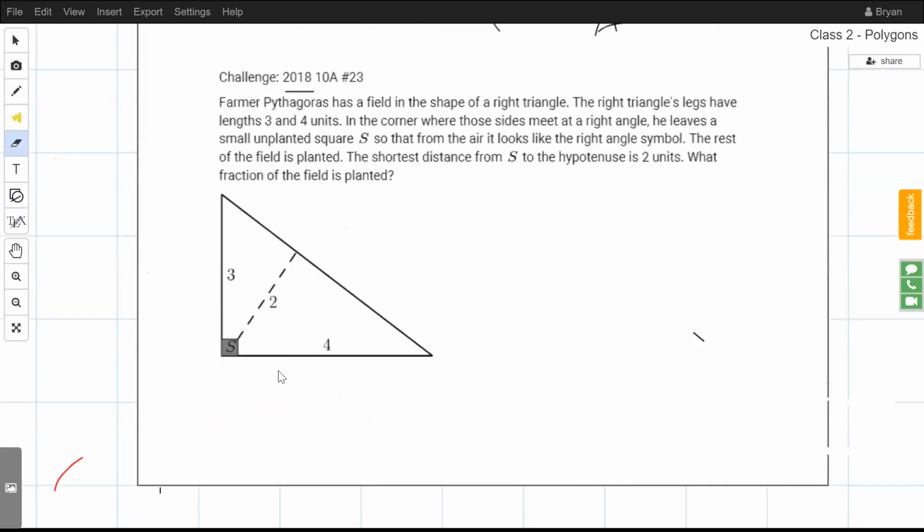We also know that the height from this point to the hypotenuse is length 2, and the hypotenuse is of length 5. It's asking what fraction of the field is planted, which is basically saying find the area of the shaded region and divide by the area of the entire triangle.